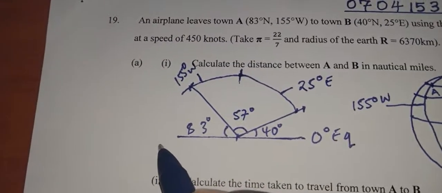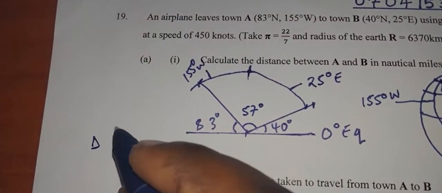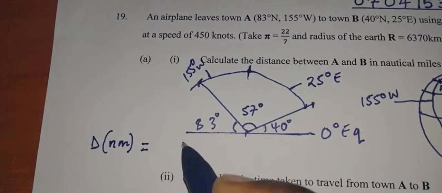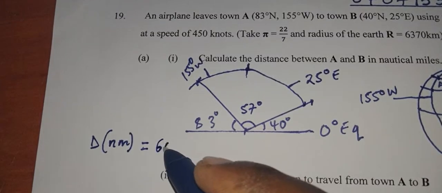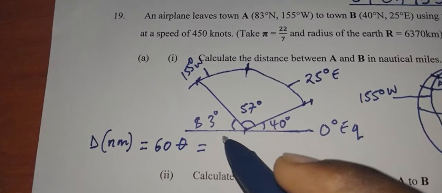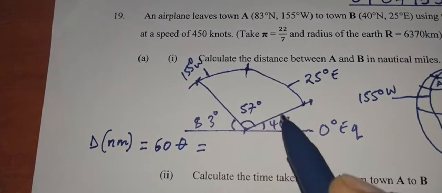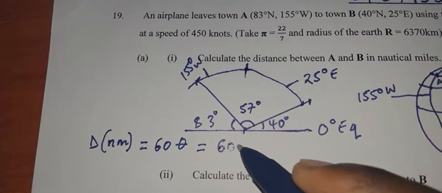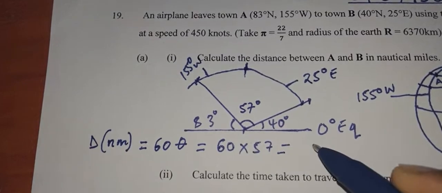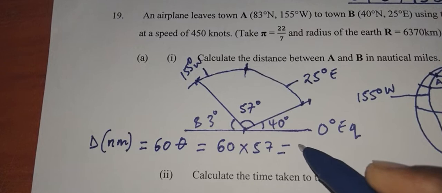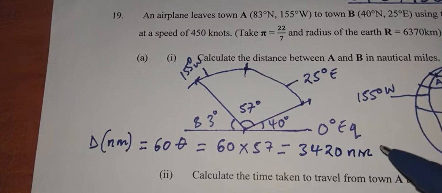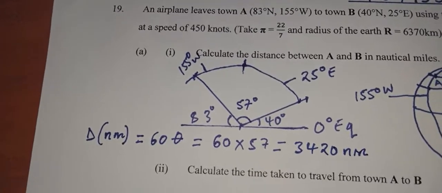Therefore, the distance along a great circle in nautical miles is given as 60, which is a constant, multiplied by theta, the angle at the center of the arc or the path. Now we need 60 times 57, and this will exactly give us 3420 nautical miles, which is now the distance.